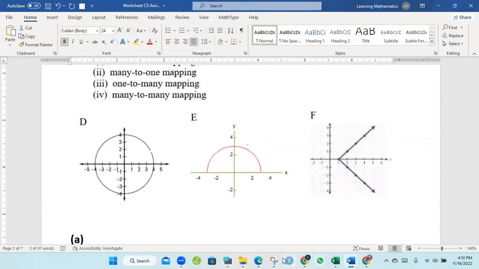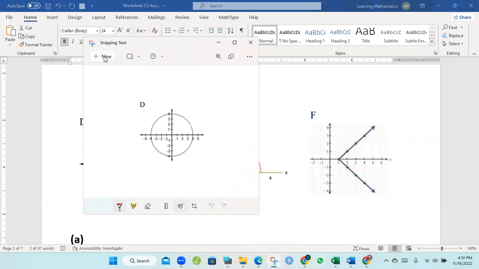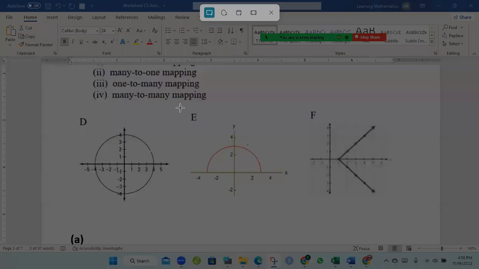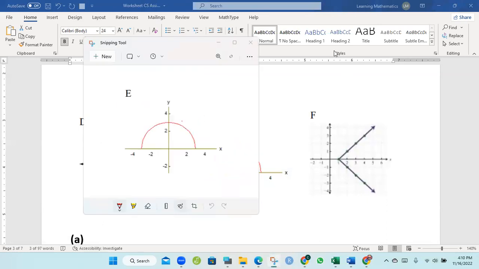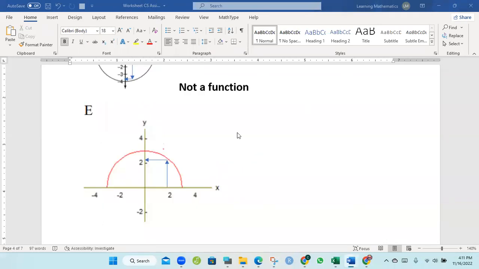Let's check out E to see if E is a function. As seen, this x there, let's say 2, has only one y.